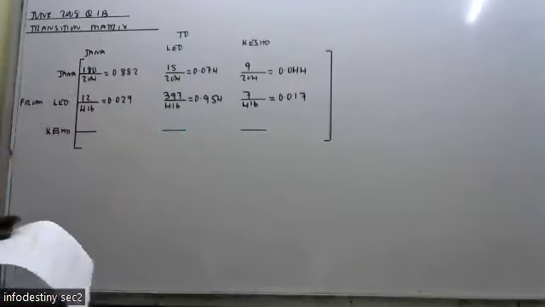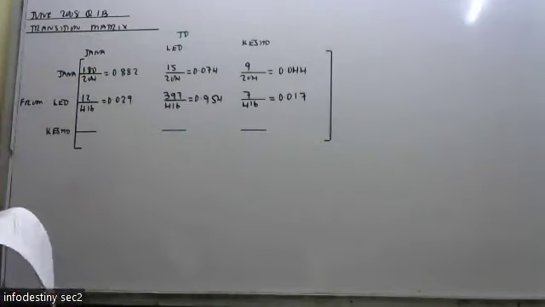Now check whether they are adding to 1. 0.029 plus 0.954 plus 0.017. So they are also adding to 1.